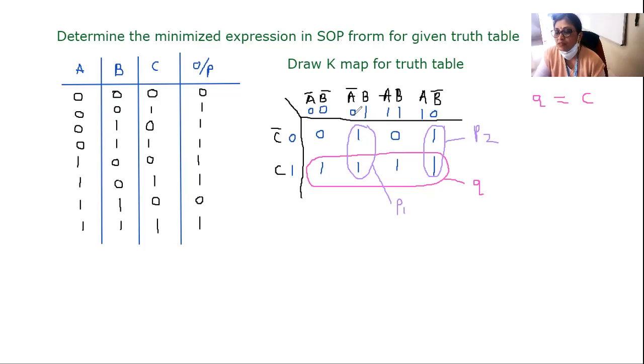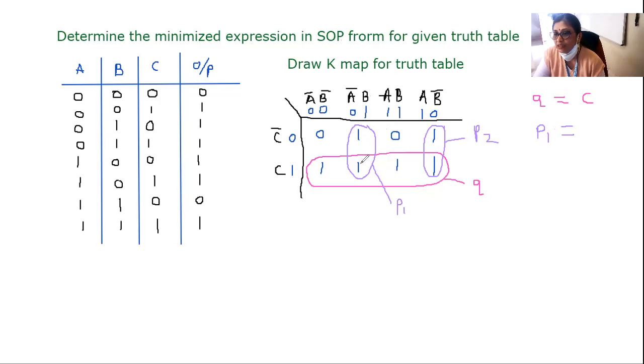Now let us write the equation for pair 1 and pair 2. As I told you, pair can eliminate only one variable. Now, if you observe this pair, both A and B remain unchanged.